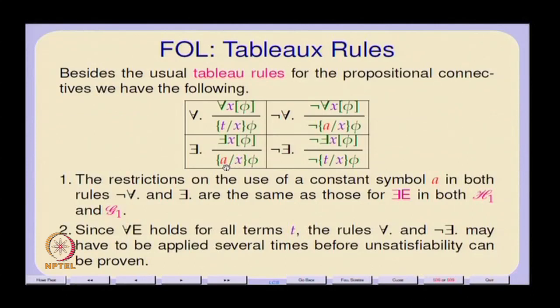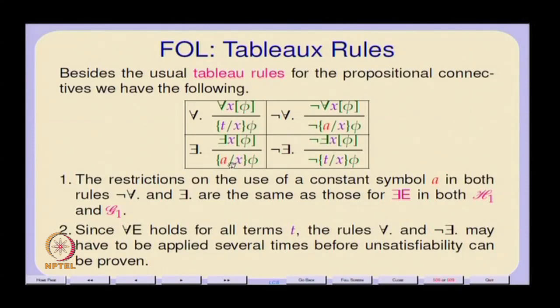In the case of the existential quantifier, essentially the same restrictions hold as for existential quantifier elimination in the Hilbert style proof system, right. So, there was a notion of a scope, creating a new and fresh constant.